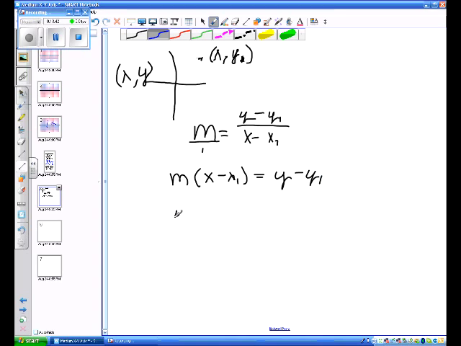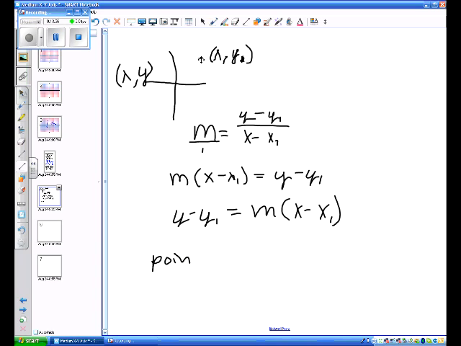And I'm going to use my symmetric property and switch this around. And this formula is what we call our point slope formula.